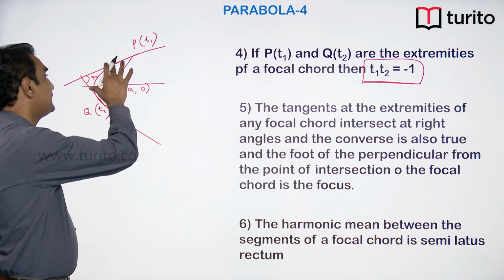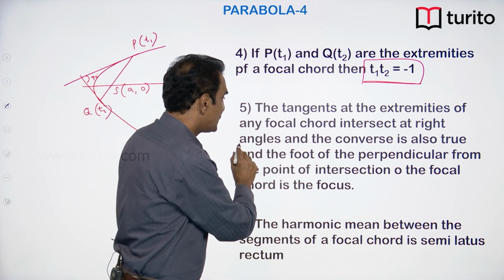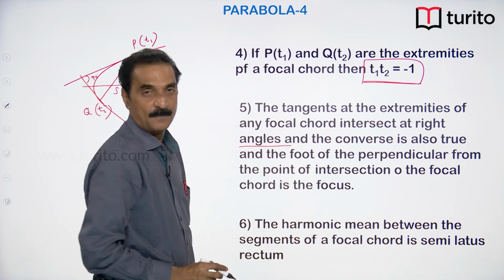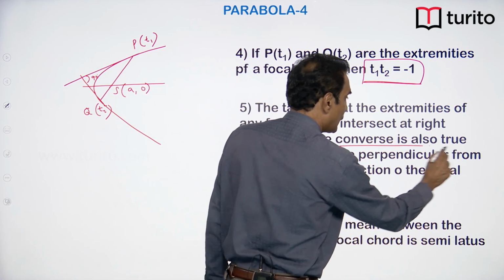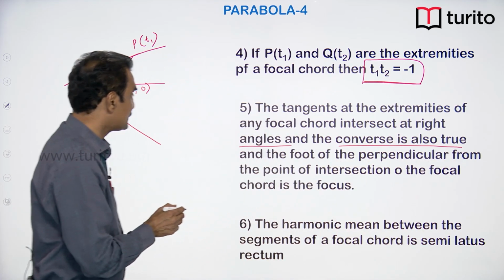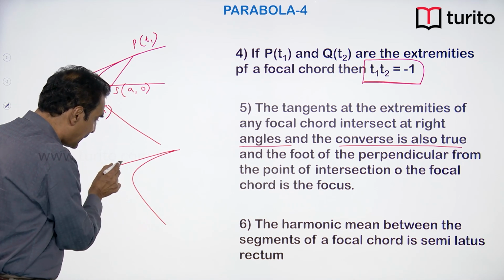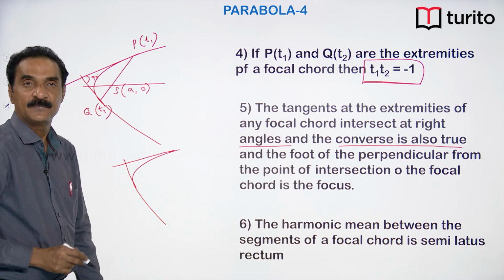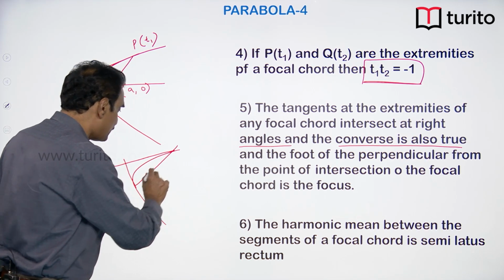That means tangents at the extremities of the focal chord intersect at right angles to each other. The converse is also true. What is the converse? If you draw two perpendicular tangents to a parabola, then the line joining the points of contact will be a focal chord.